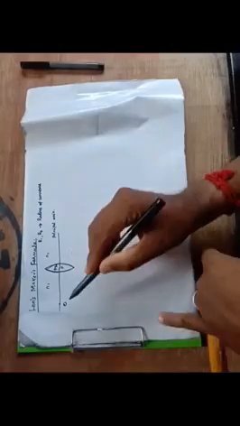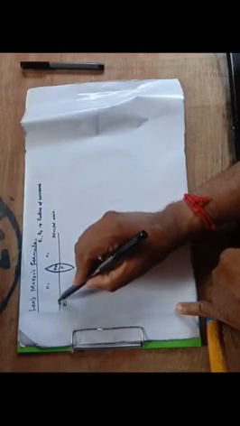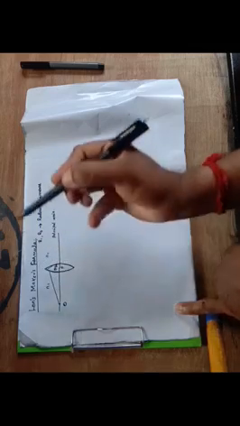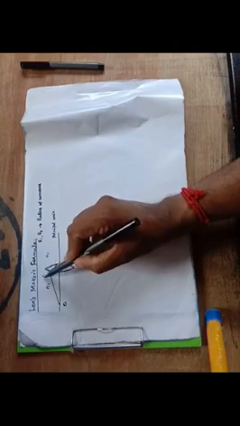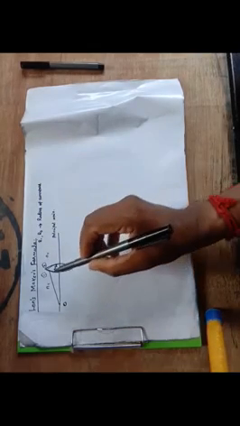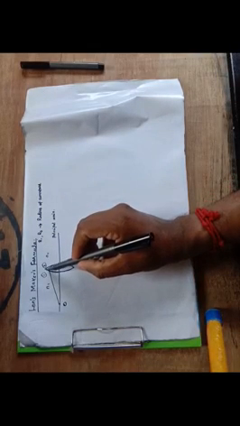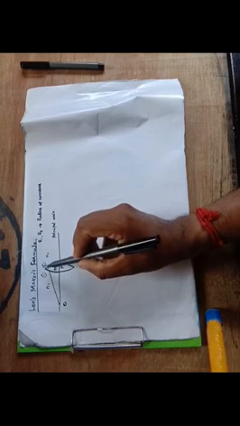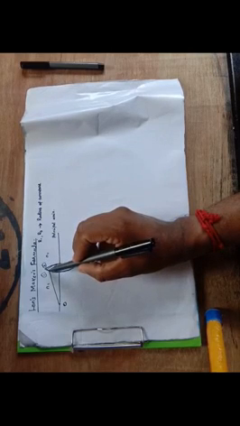It produces paraxial rays. That paraxial ray is incident on the refractive surface 1. This is surface 1, and this is surface 2. It is refracted at surface 1, producing a refracted ray.